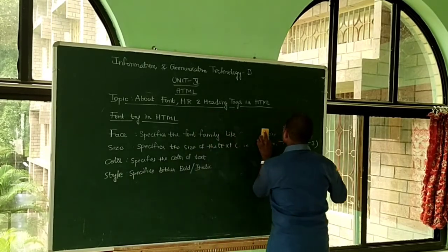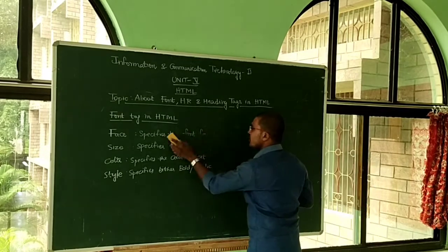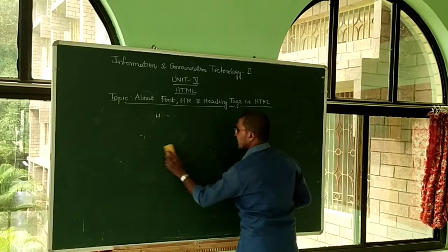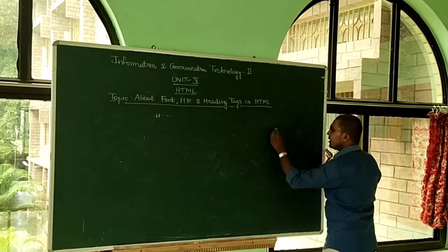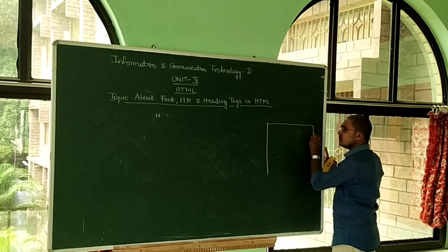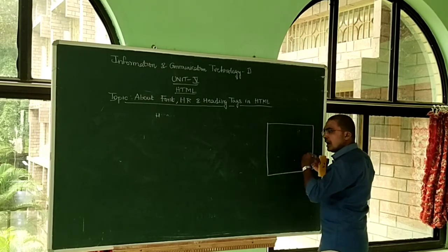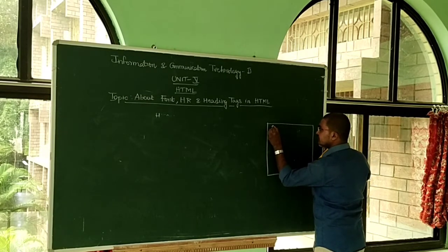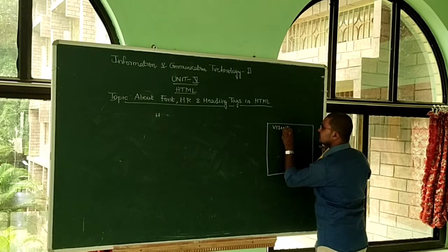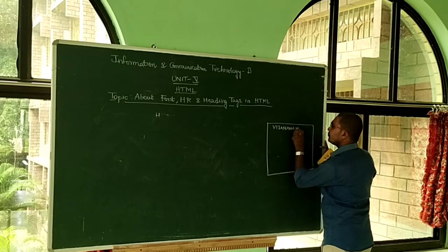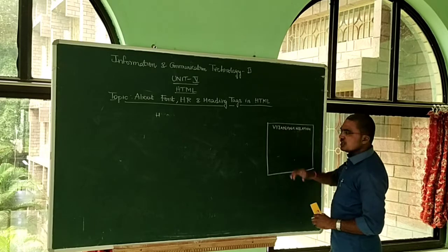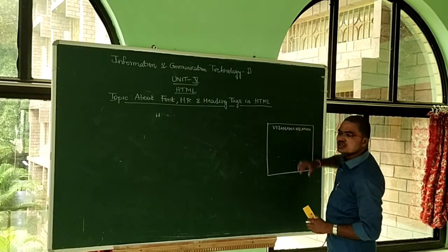Okay, we make a simple web page using these tags. Actually I want to export the web page. This is called a browser. In this browser I want to show the text. So what text has to be shown? First of all, I want to represent the college name, Vijnana Nilayam. That is the name of the college, so it appears very big in size.